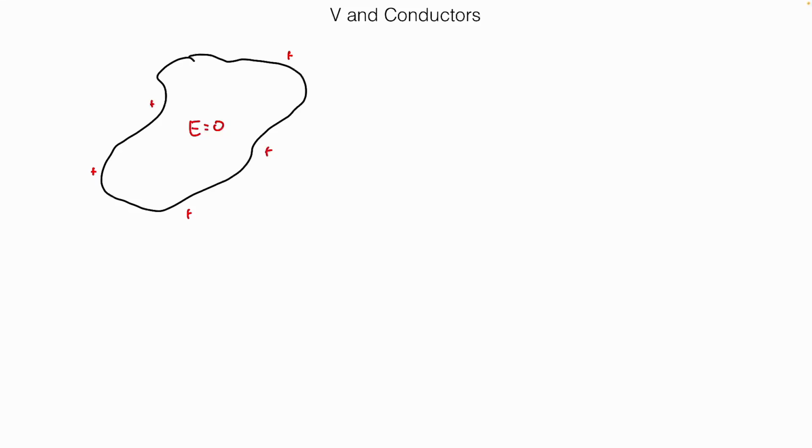But what is the potential on this conductor? If the electric field inside the conductor is 0, then what's the potential? Don't know. You all said 0, but it could be not 0.